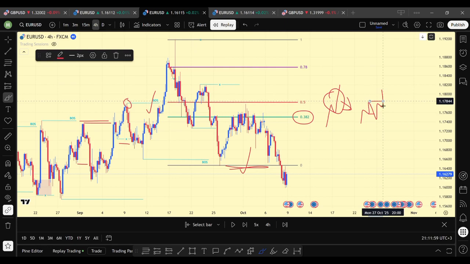But alright, so now in this case, price has not taken out the inducement, but I will be confirming this one here to be a valid break of structure if I see this one here on the higher time frame.